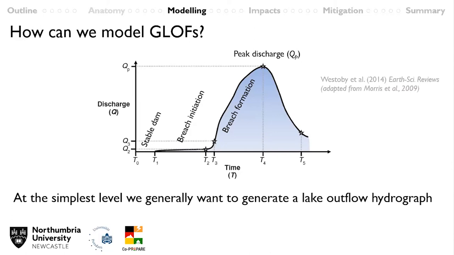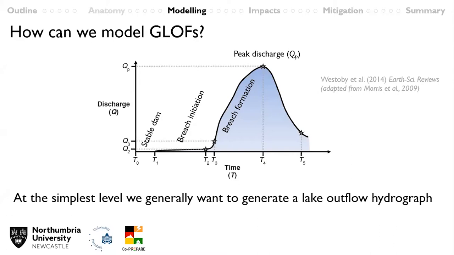If the breach enlarges to the point where it becomes runaway expansion of the breach, then it transitions to what's known as breach formation. Sometimes breaches can actually kind of stop developing. The channel through the breach or over the moraine dam might become armoured with ice boulders and so on, and so a GLOF can actually be naturally avoided.